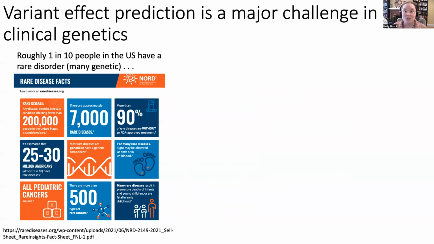To give you a sense of the scope of this issue, roughly 1 in 10 people in the US have a rare disorder, and many of these are genetic.